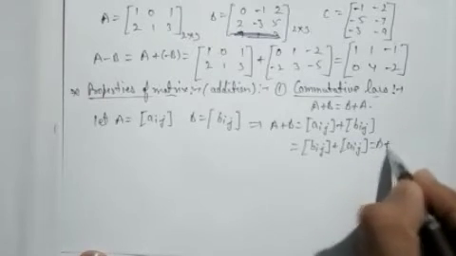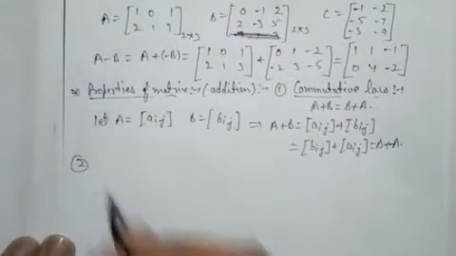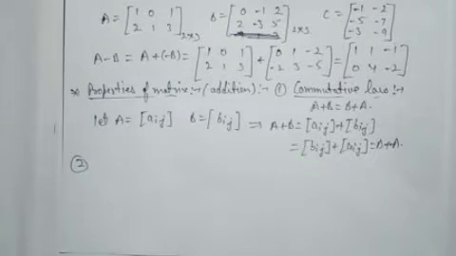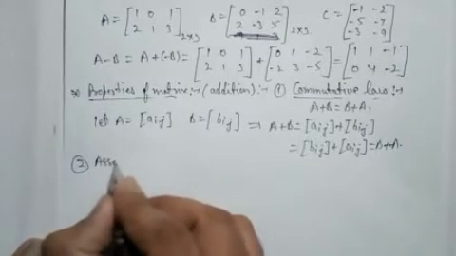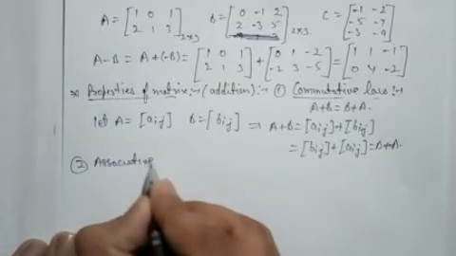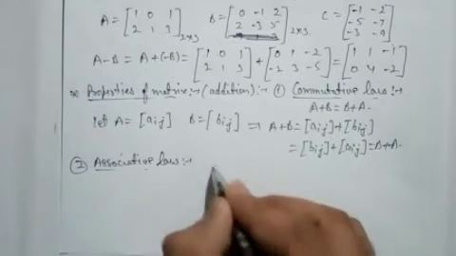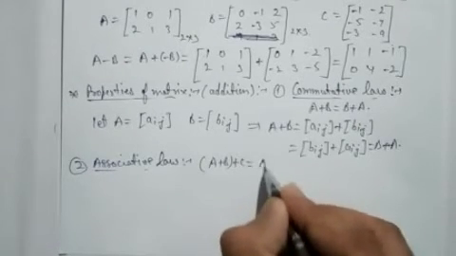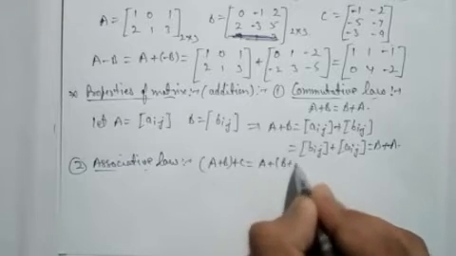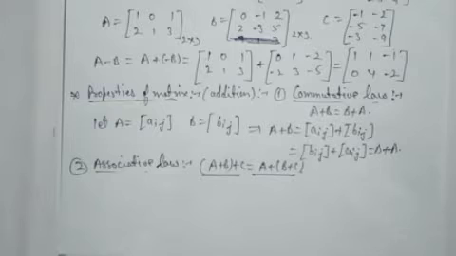So this is B plus A. It is also associative. Associative means A plus B plus C equals A plus B plus C. Matrix addition obeys associative law.